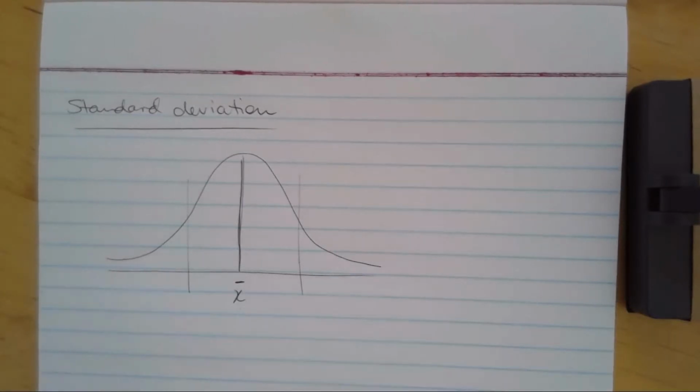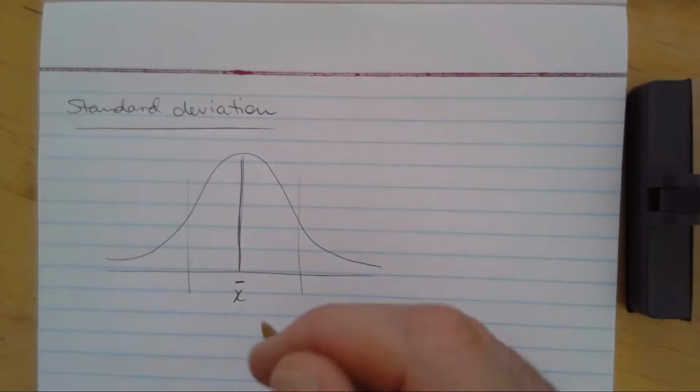A curve or distribution of data like this is quite often what we refer to as a normal distribution. When we start talking about standard deviations, we talk about the percentage of data that lies within a certain distance of the mean.